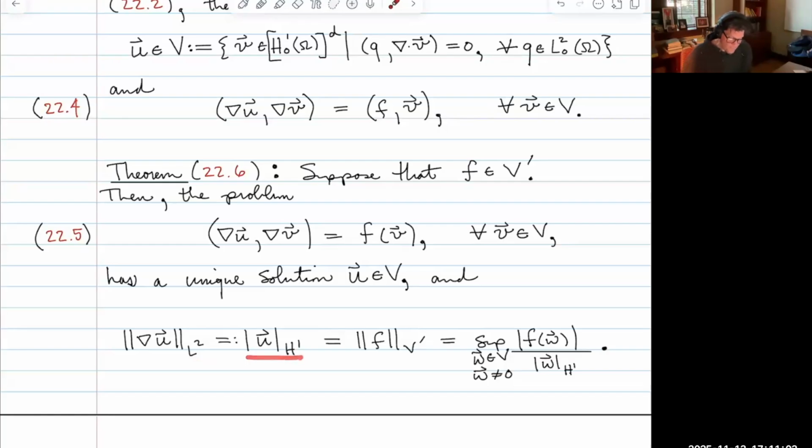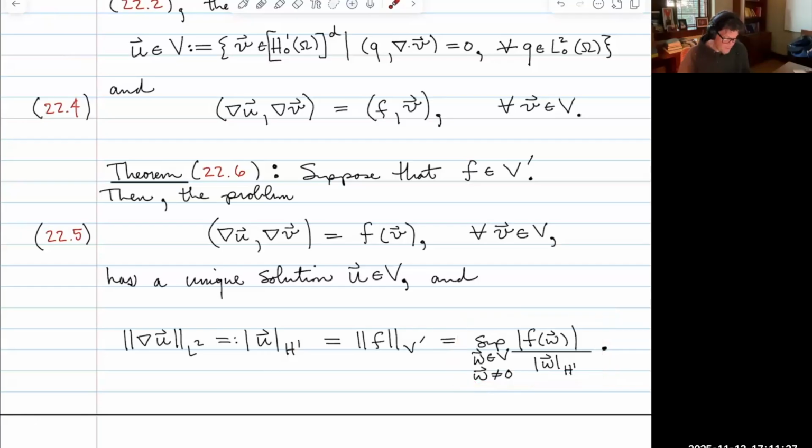The H1 semi-norm of U is equal to exactly the operator norm of F in V prime. Sorry, the operator norm of F in V prime is precisely given by this.